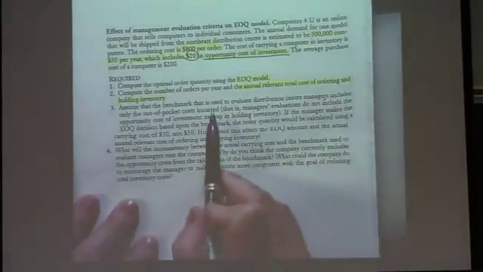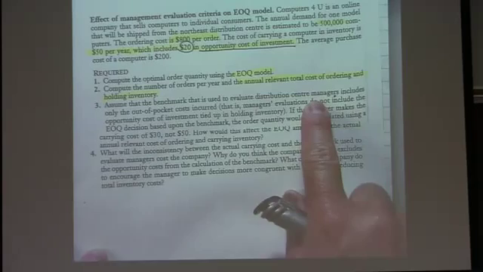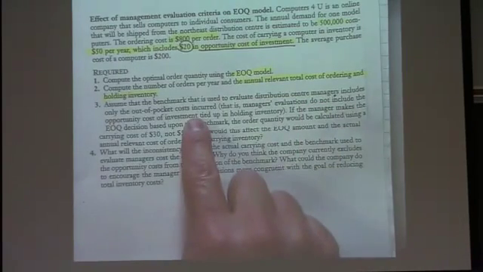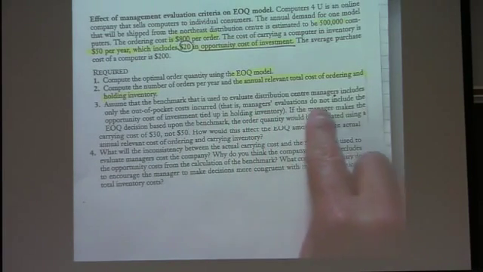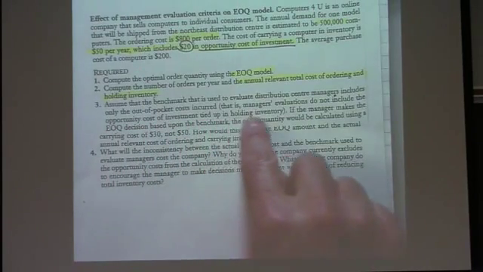So in part 3, it says, assume that the benchmark that's used to evaluate the distribution center manager includes only the out-of-pocket cost incurred, that is, the manager's evaluation does not include opportunity costs and investment tied up in holding inventory.